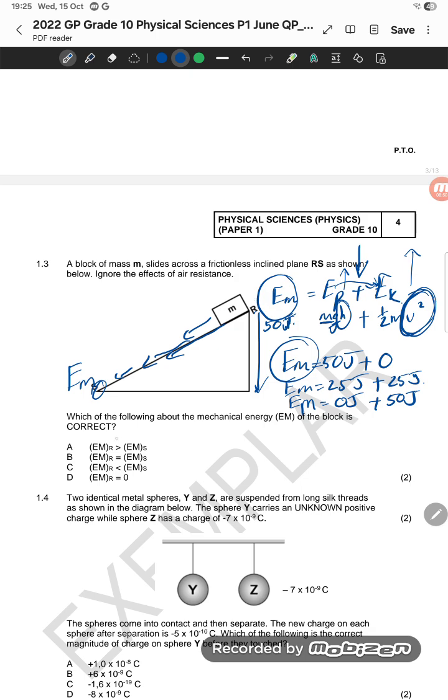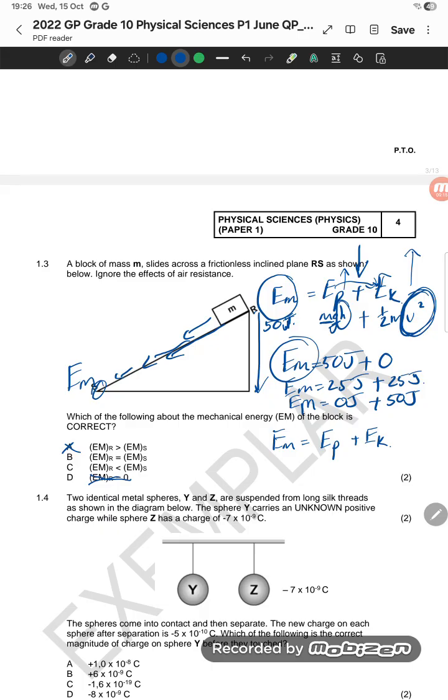So this one says this mechanical energy is bigger. No. This one says it's equal to. This one says the mechanical energy is equal to 0 at the top. No, it's got potential energy. This is a very important equation. That EM is equal to EP plus EK.